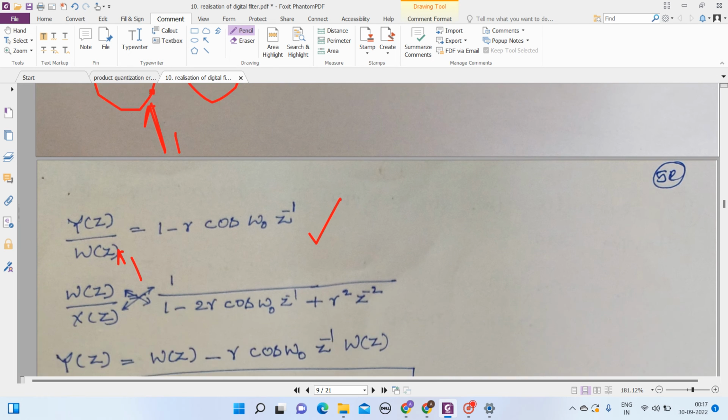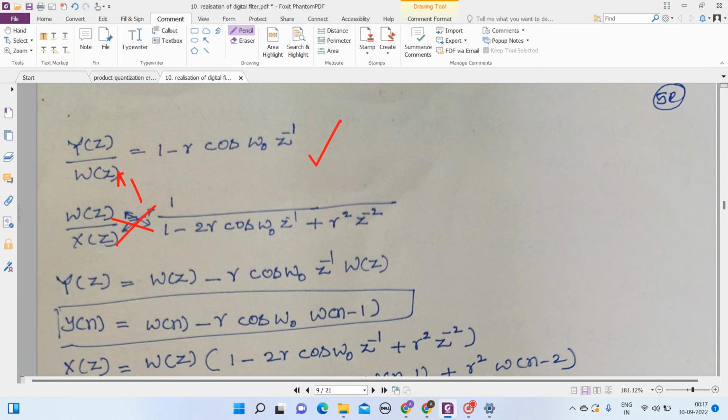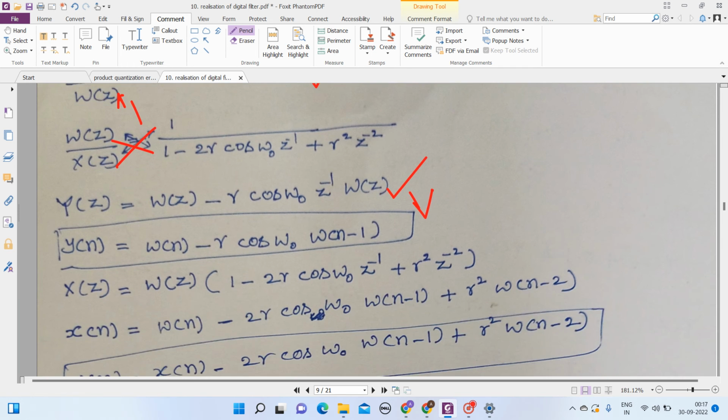You just have to do cross multiplication. After doing this, you will get this equation. Then you have to convert the z transform equation into a discrete time equation. You know very well how to convert z transform to discrete time equation.